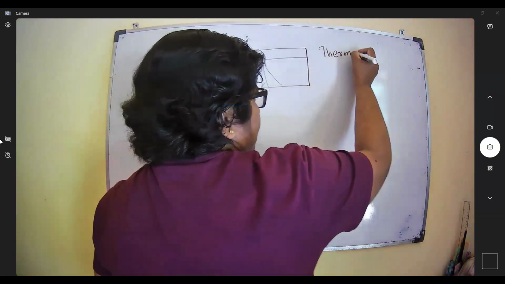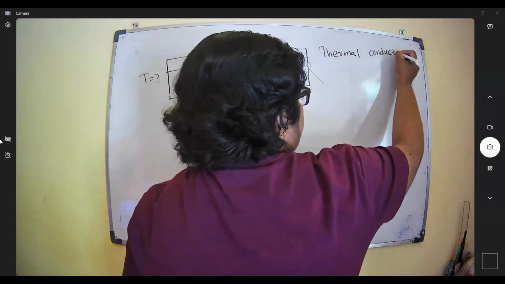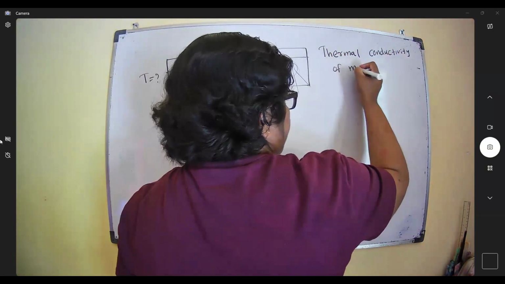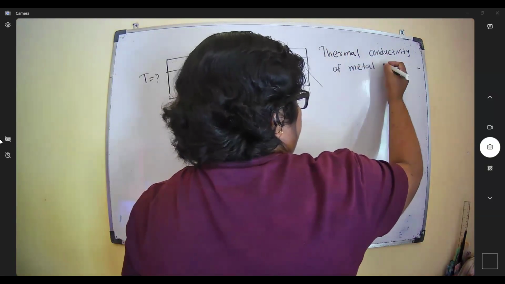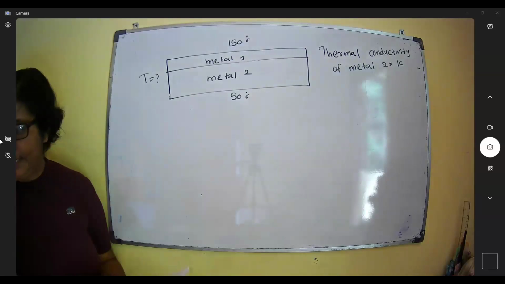Thermal conductivity of metal 2. K, I'm taking thermal conductivity. K is the symbol for the thermal conductivity.